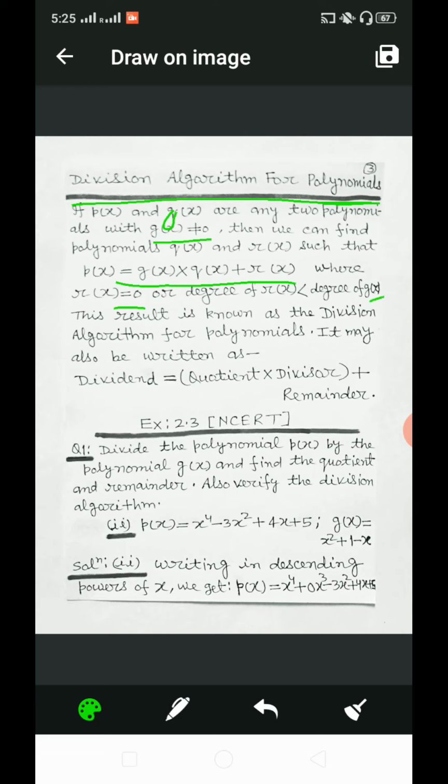This result is known as the division algorithm for polynomials. It may also be written as dividend is equal to quotient into divisor plus remainder.